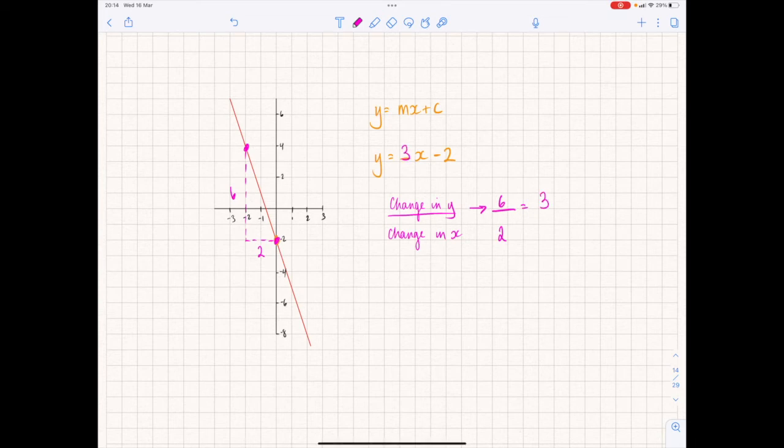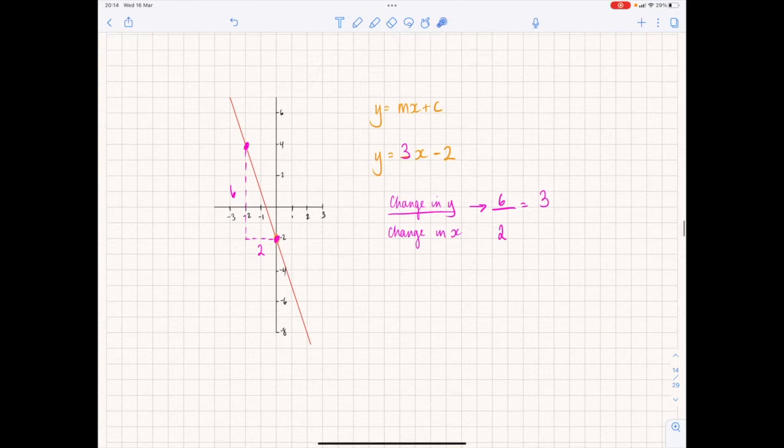However, you've got to remember now that the graph is going down. Because the graph is going in a downwards direction, it becomes -3. The other way you can think about it is that your gradient has to now become -3.